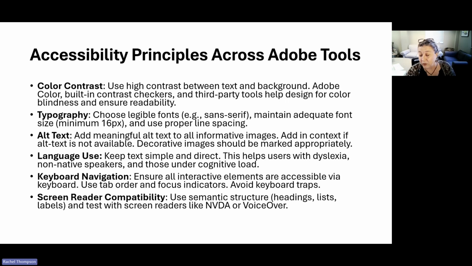When you're dealing with language use, keep your text simple and direct. This helps a lot of us. One of the biggest challenges, and this is frankly true in Express and in other interactive tools within the world of Adobe, make sure all of your interactive elements are accessible via keyboard.